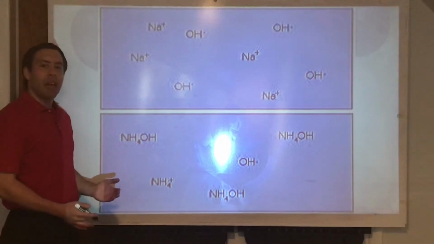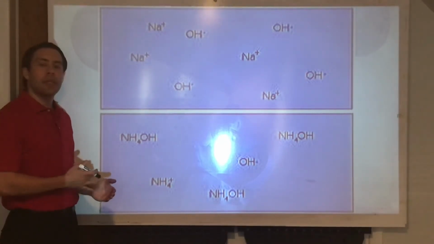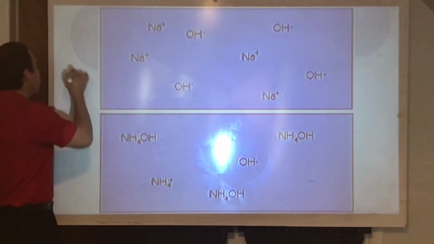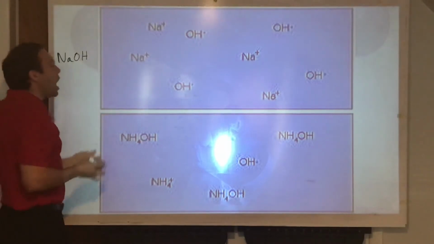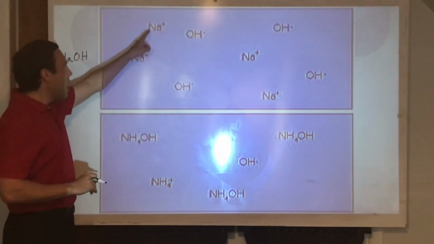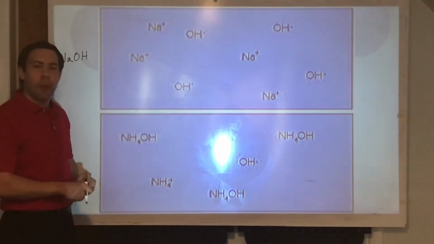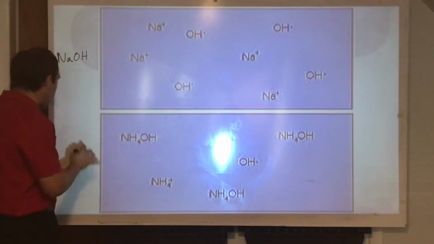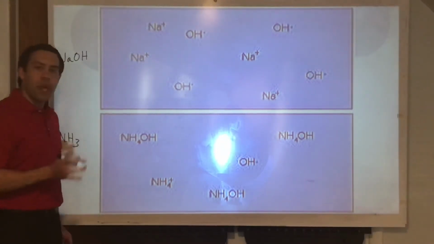In the top diagram, we have sodium hydroxide, a strong base dissolved in water. When sodium hydroxide, NaOH, dissolves in water, it dissociates completely into Na plus and OH minus ions. It is a strong base. However, NH3, ammonia, is a weak base.